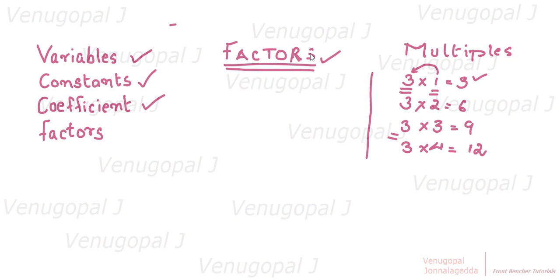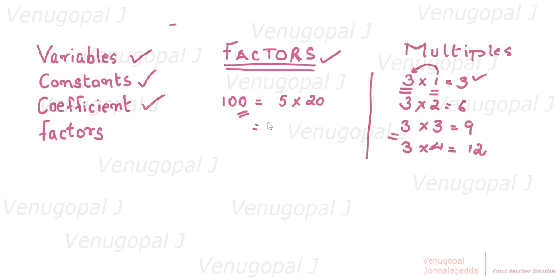Factors. So if I want to write a number, say 100, what are the factors of 100? Now you have so many numbers by which you can divide 100. So you can divide 5 into 20.